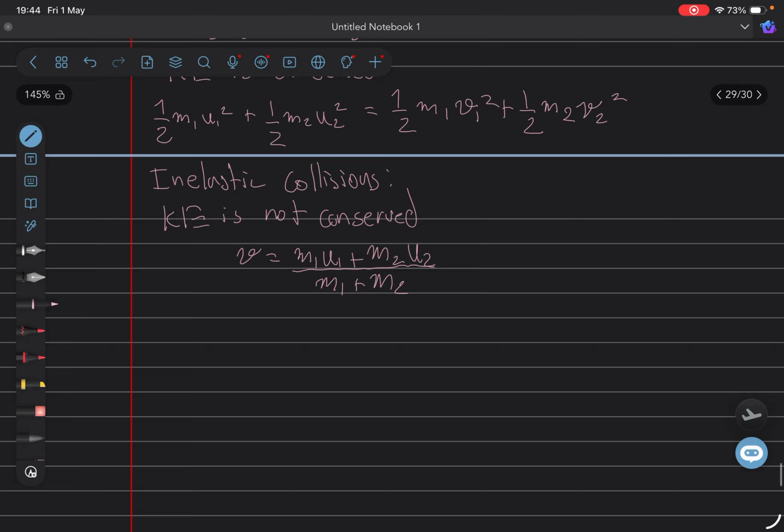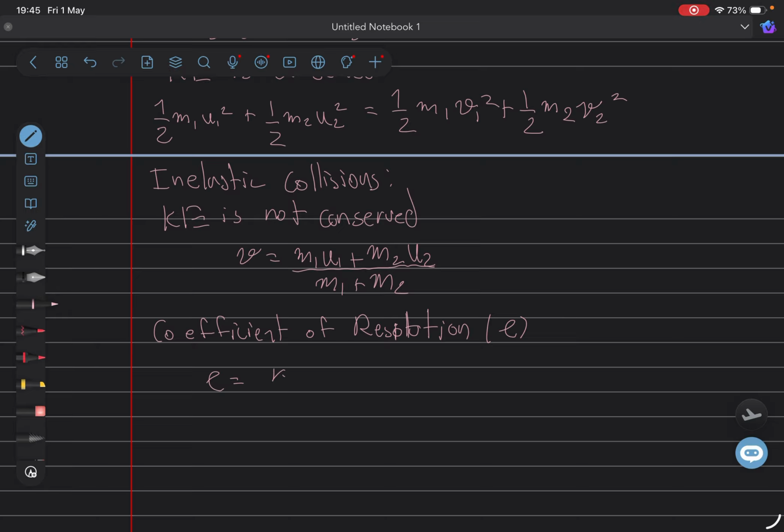Now, another quantity you might want to know is the coefficient of restitution, which is represented by the symbol e. The coefficient of restitution measures how bouncy a collision is.